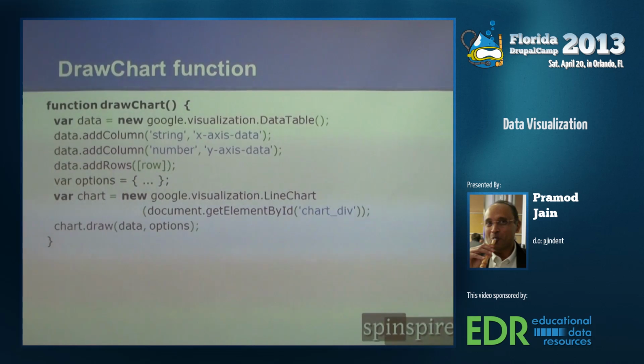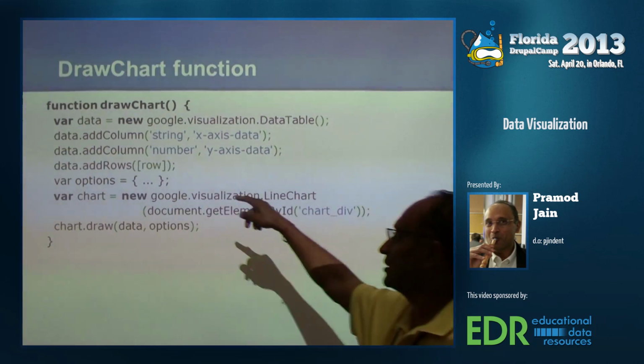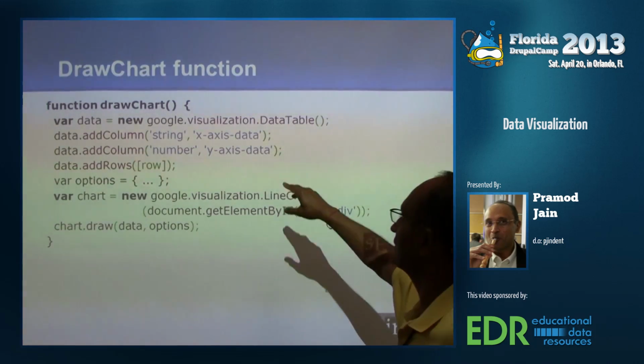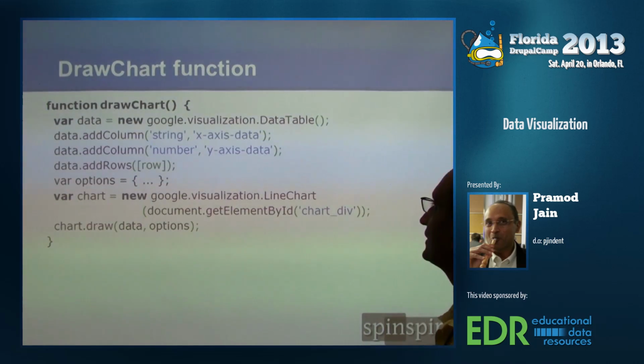So this is what JavaScript code would look like. This is the drawChart part of it. Creating a data object, adding a column. At this point you're just specifying what the columns are and the column titles, and then the rows are your array of data that goes into this data object.